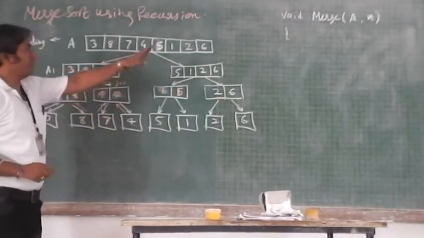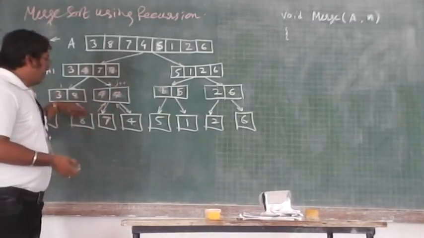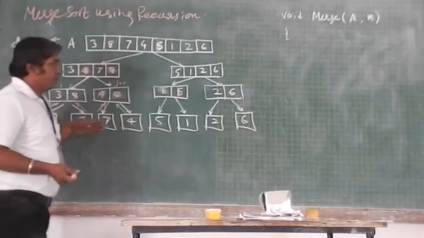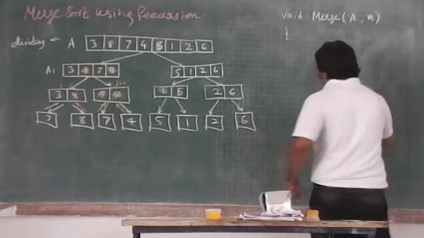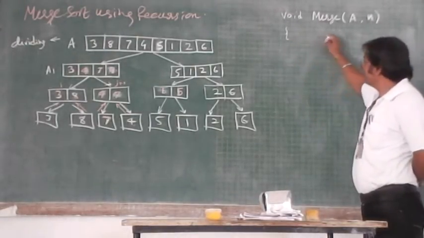So shall we go for writing the merge algorithm? Since we are merging, shall we write what we have done here, an algorithm for merge? So what we did first?